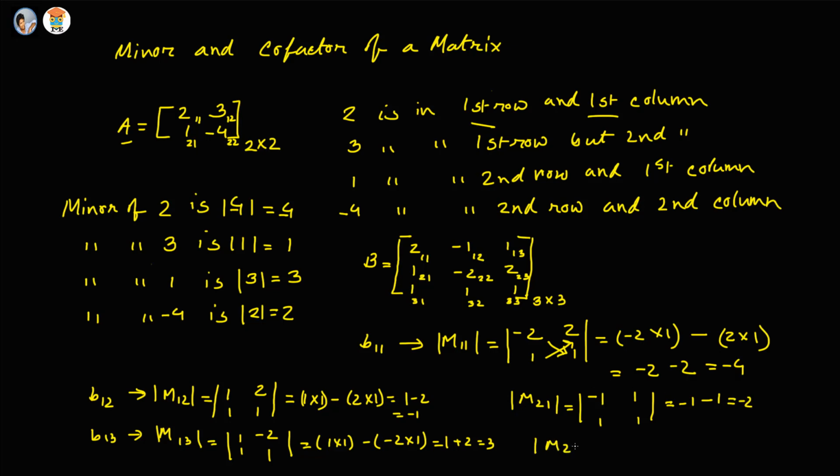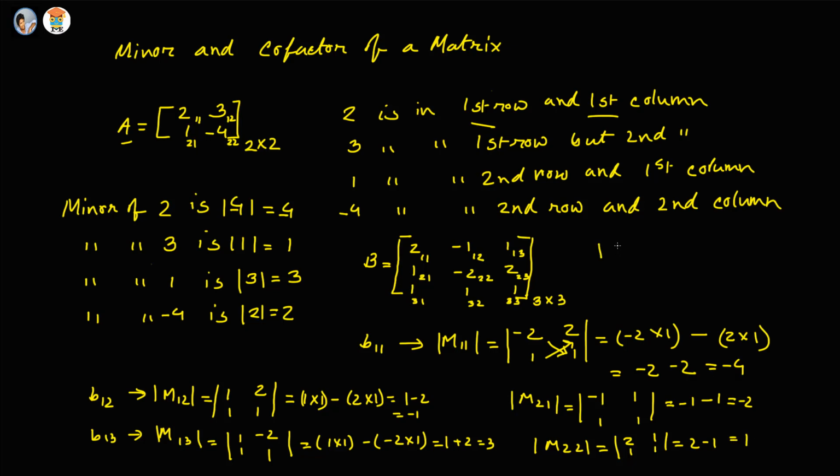For M22 we don't consider second row and second column. We'll be left with 2, 1 and 1 and 1. Therefore we'll have 2 minus 1 is equal to 1.